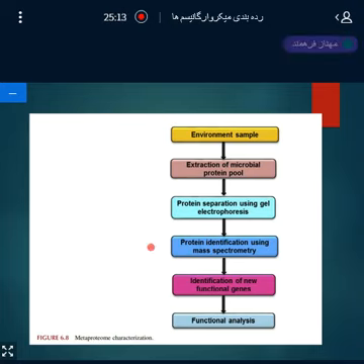The fourth step is protein identification using mass spectrometry, or MS. Then we have identification of new functional genes.